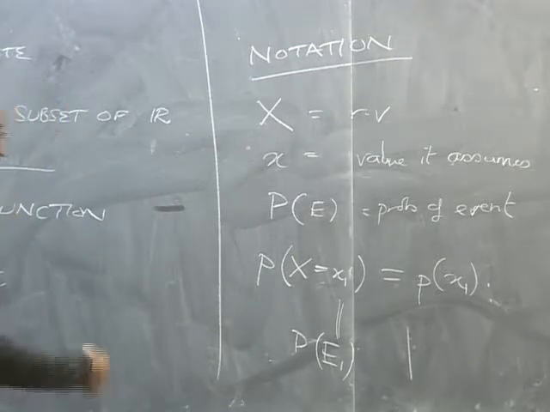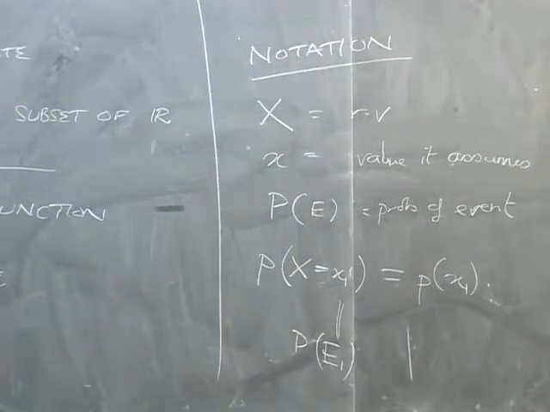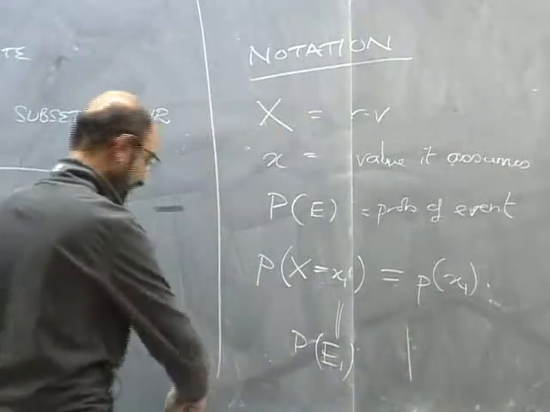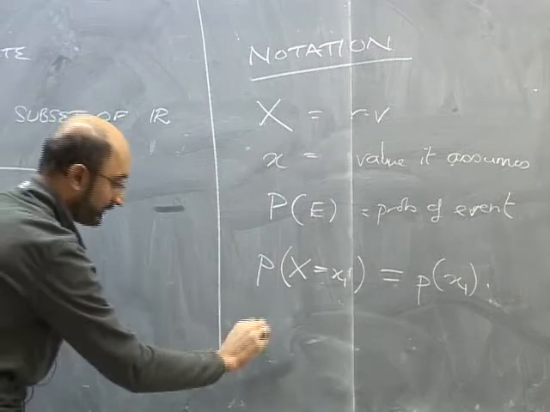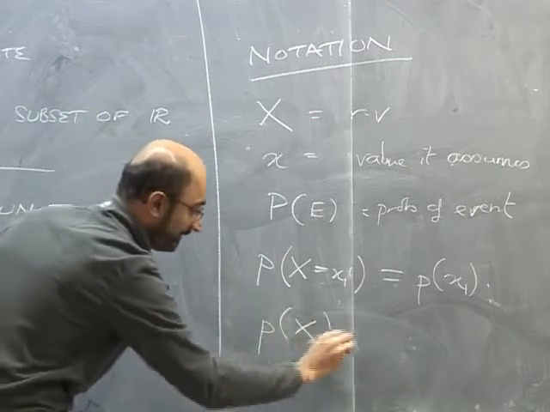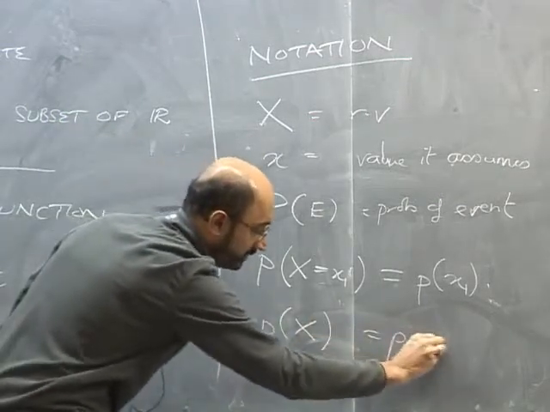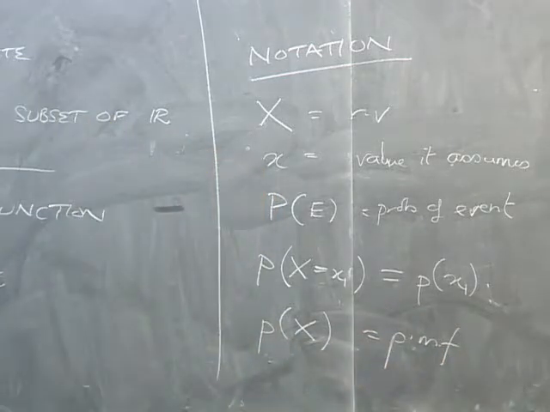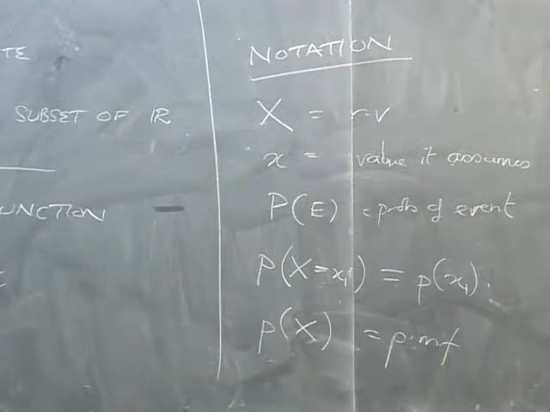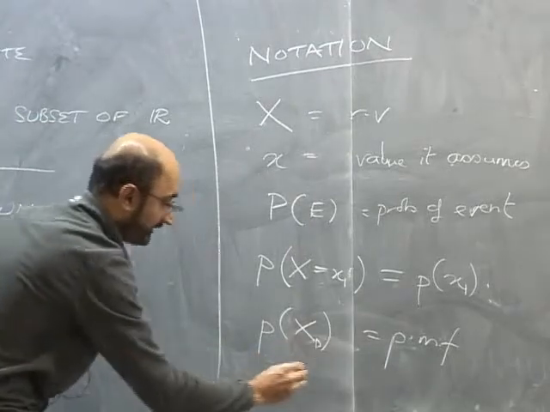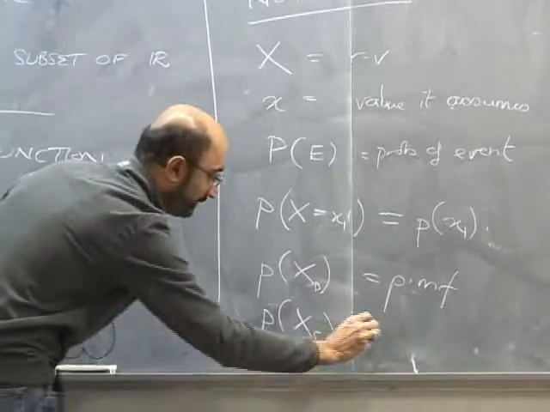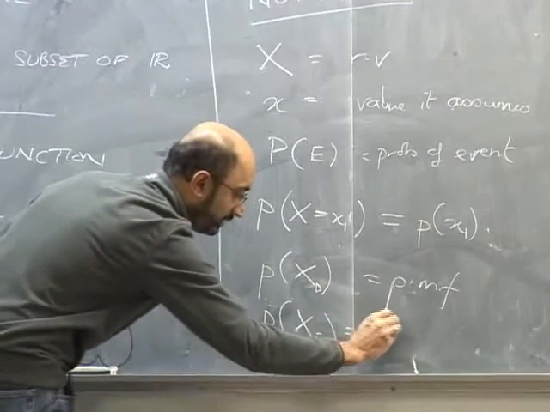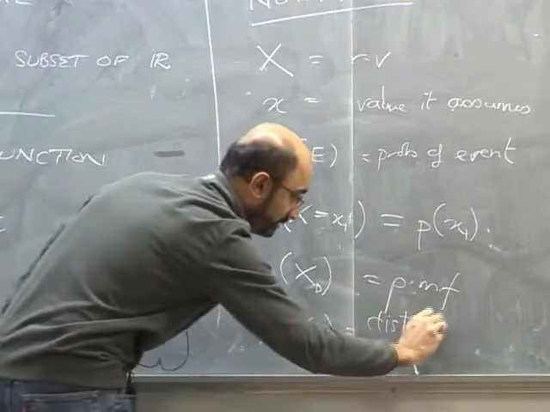And just to make life interesting, when we talk about the distribution or the probability mass function, we use the notation p of capital X. This is a probability mass function for a discrete random variable X. And just to keep things clear, I call it XD for discrete, and for continuous, PXC, it will be the distribution, which I haven't defined yet.